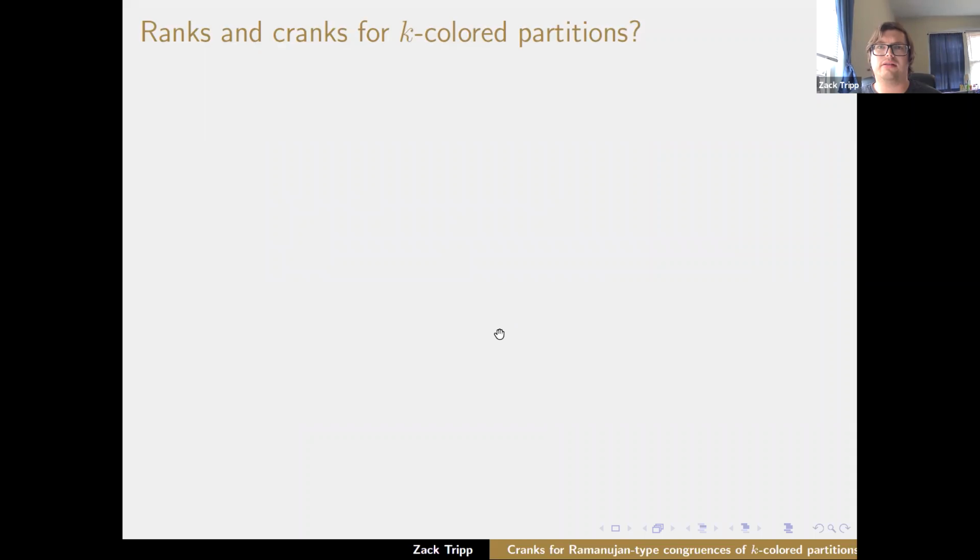Let me first talk a bit about the history of ranks and cranks for k-colored partitions. It seems natural that if we have them for the partition function, we should maybe have them for k-colored partitions. For two-color partitions, Hammond and Lewis define a birank. I believe Andrews also defines a version of this, at least in particular cases.